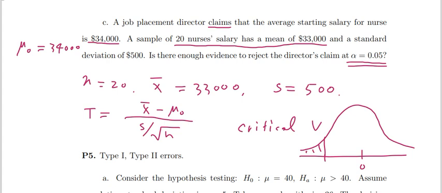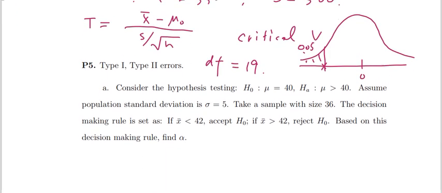So one tail. So we just check one tail 0.005 and degree of freedom 19, right? We check the table, find degree of freedom 19, find the cutoff point, that is the critical value. Then compare the critical value with this test statistic, and we can make a decision.